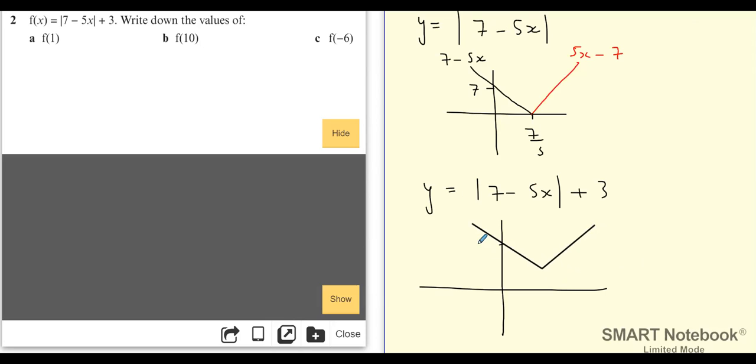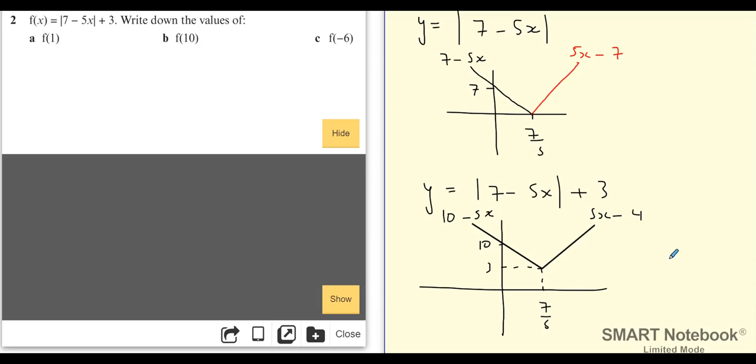My y-intercept here is now going to become 10. This minimum y-coordinate is 3. The x-coordinate remains at 7 over 5. The equation of this part of the line has become 10 minus 5x, and the equation of this part of the line has become 5x minus 4. Okay, does that make sense?